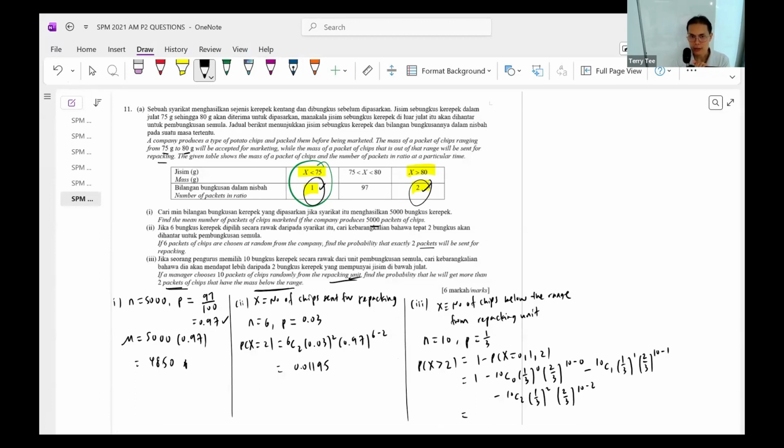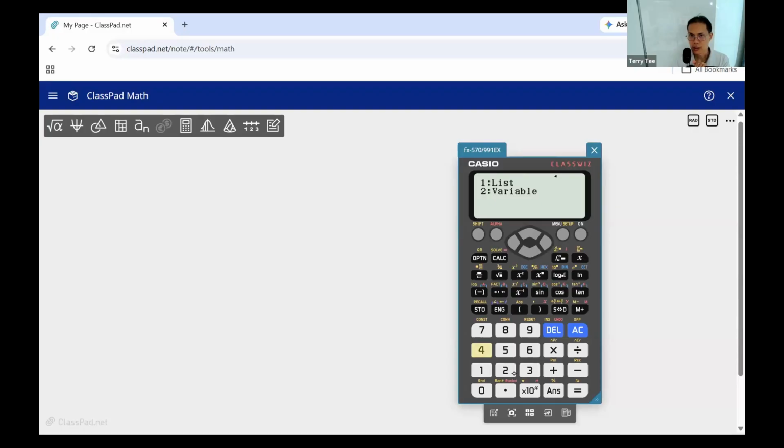For example, I want x equals 2, n is 6, p is 0.03. I'm using the first part, right? So you press binomial PD, go to variable, x is 2, n is 6, p is 0.03. You press equals. There you go. 0.01195, right? Correct? This is what I got just now, right?